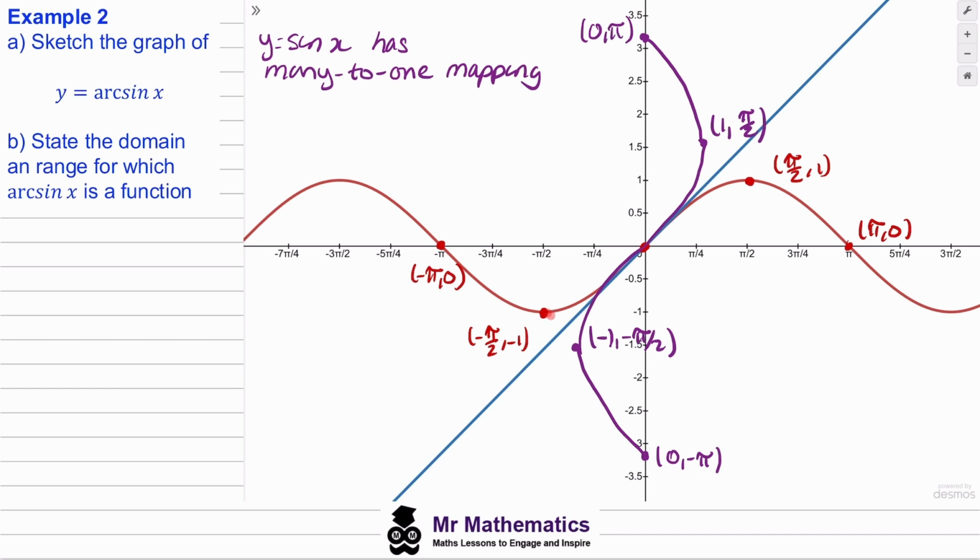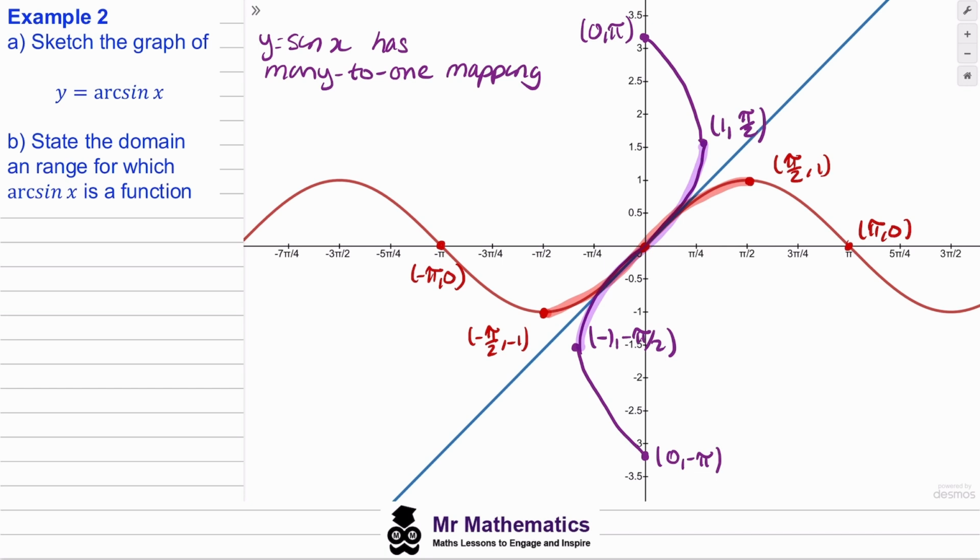So to restrict the domain of sine x, we look at the values from -π/2 to +π/2. This is because the curve is increasing during this section. It's centered on the origin, and it covers the entire range from -1 to +1. And if we're only reflecting the elements in the new domain, then this is what we'll get for y equals arcsine.